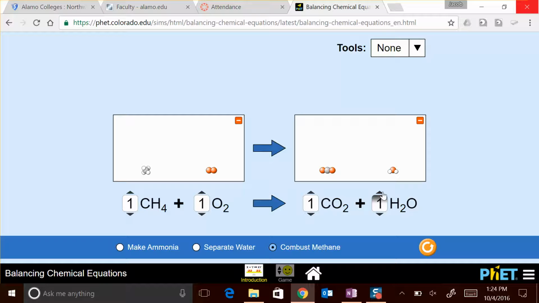So leave it to the end. So what do I change to balance the hydrogens? I need 2 waters, right? And now I have 4 hydrogens. That also changed the number of oxygens. Now I have how many oxygens on the product side? 4.